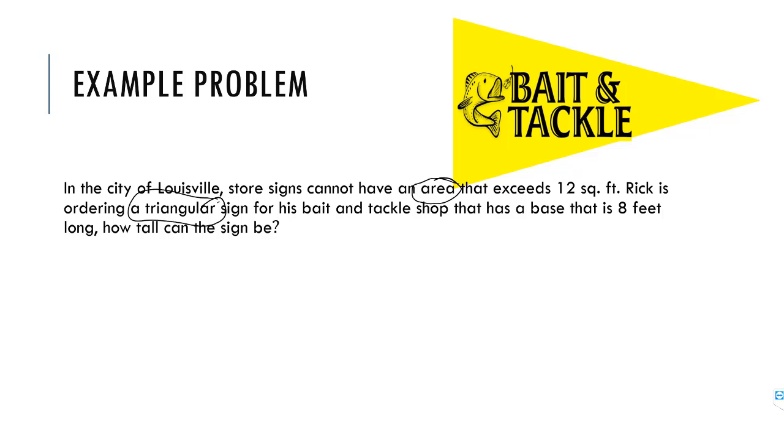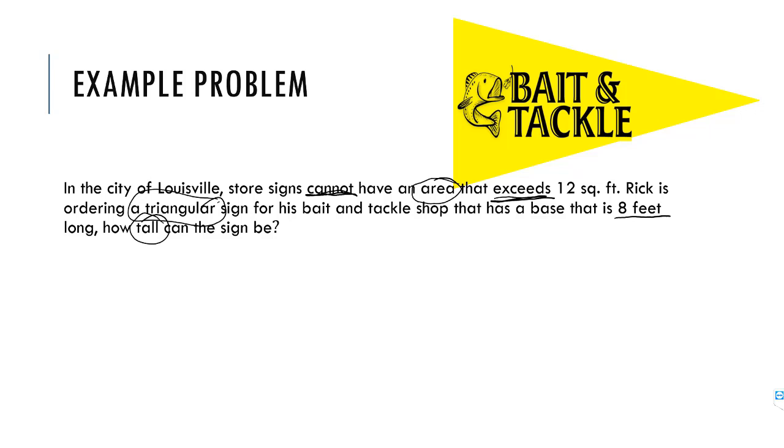We also know that this is going to involve an inequality because it cannot exceed a certain number. We're going to have to compare the area to 12. And we already know that the base of the triangle is 8 feet long. Our whole goal is to find the different heights that it could be with an area that is less than 12 square feet.